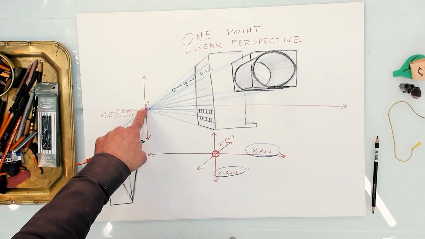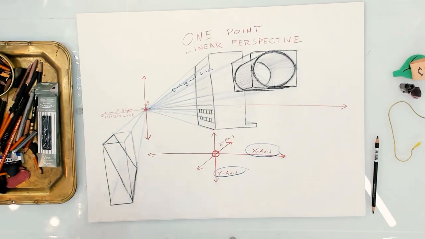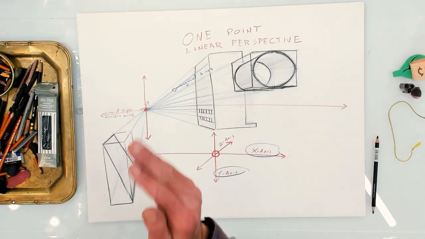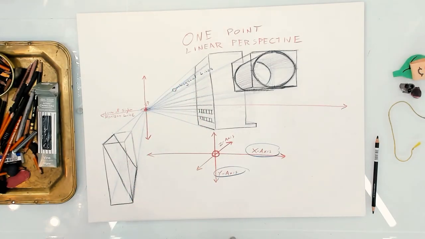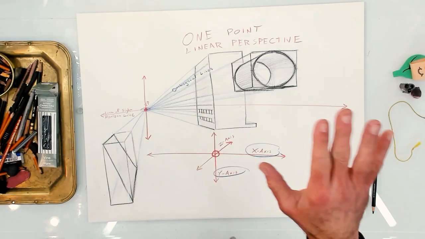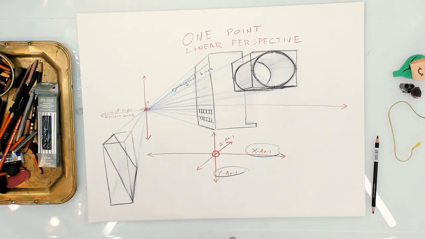Where's the vanishing point? The vanishing point is infinitely far ahead of you, but it is you. It is your reflection infinitely far away. Take that and run with that in the most philosophical way that you want to, but that's where your vanishing point is. It is absolutely relative to you. It is not an abstract other thing. It is you, your reflection, one eye closed, infinitely far away.